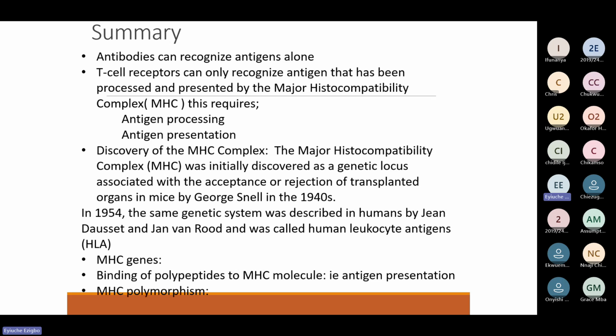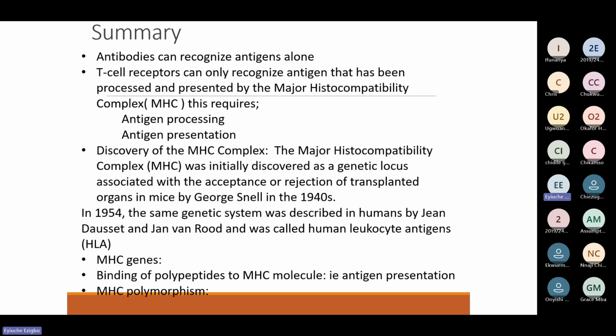Discovery of the MHC complex: the MHC complex was initially discovered as a genetic locus associated with the acceptance or rejection of transplanted organs in mice by George Snell in the 1940s. In the 1950s, the same genetic system was described in humans by Jean Dausset and Jon van Rood and was called human leukocyte antigens. This is a summary of what we have stated earlier.